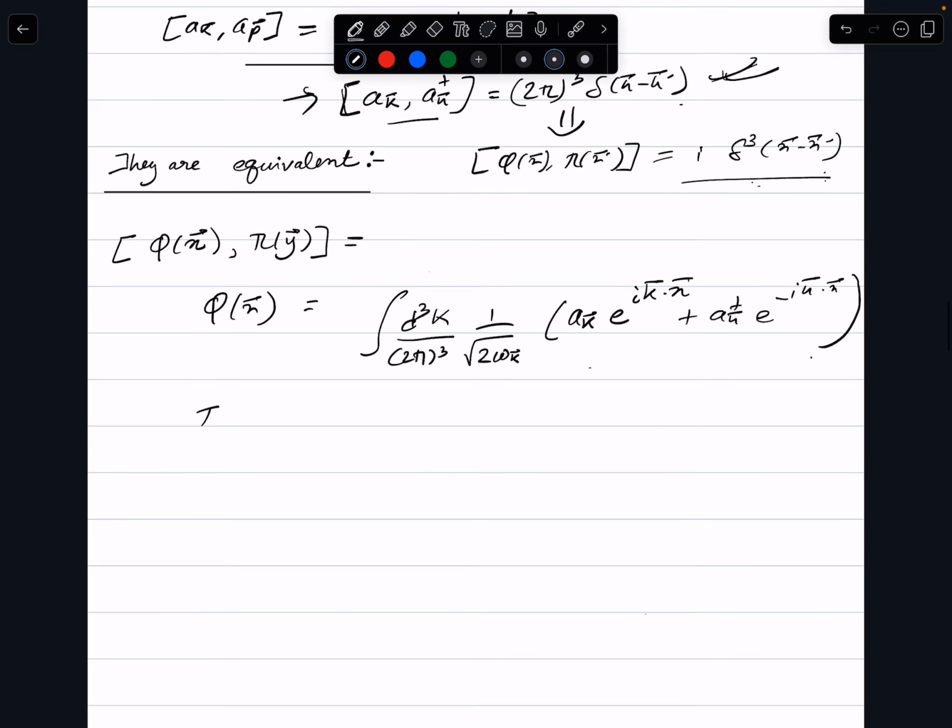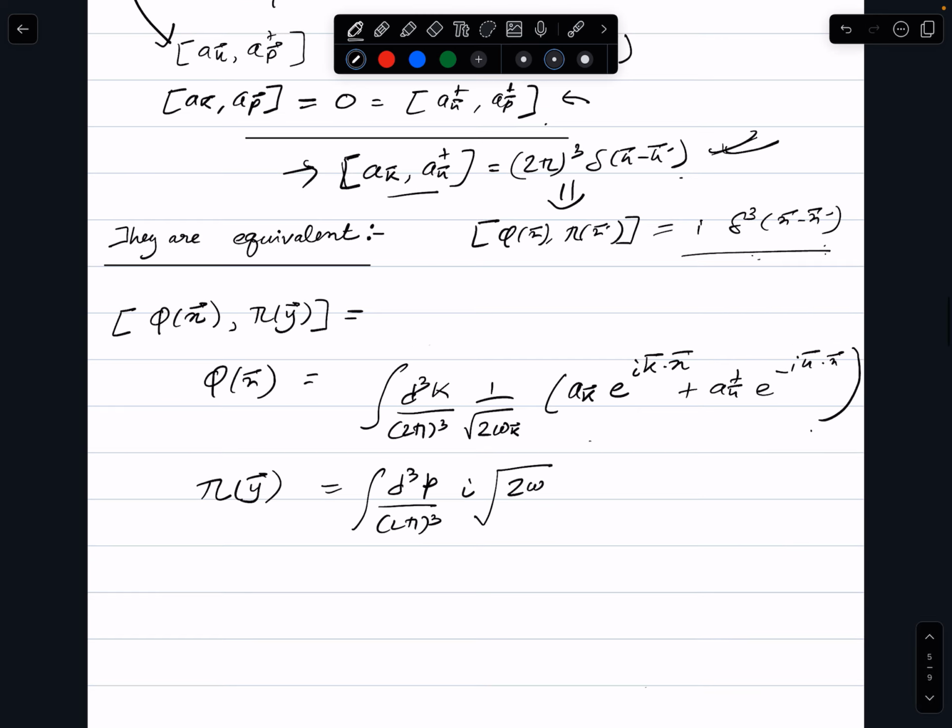And then pi at a different point y, and we should name the dummy variable something different also, otherwise we will get confused. So let me call it p, and this is square root of omega_p by 2, a_p e to the power i p dot y minus a_p dagger e to the power minus i p dot y.